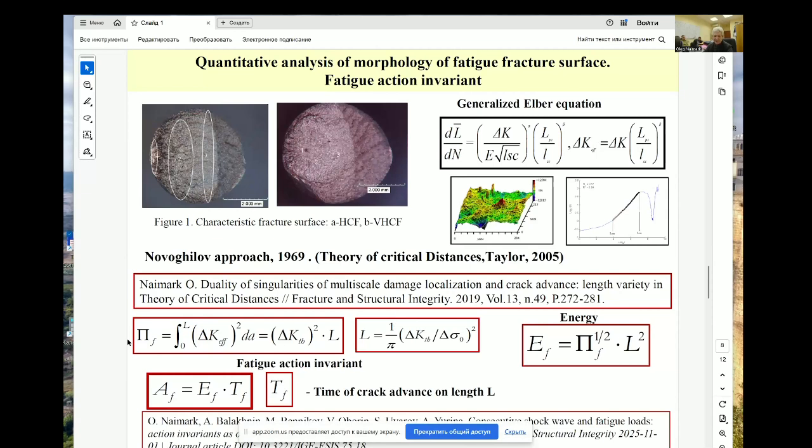And when we estimate this parameter through the stress intensity factor, and when we can estimate from macroscopic tests or structural studies this characteristic size of the process zone, we can estimate the action invariant for fatigue loads, which includes the characteristic time of crack advance.